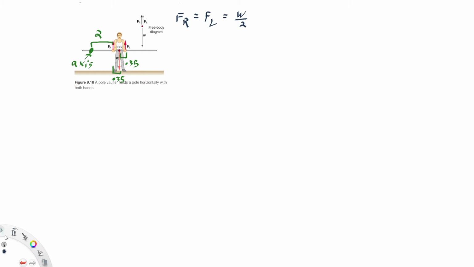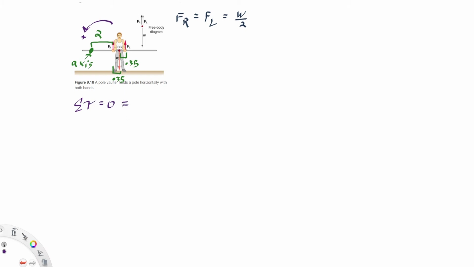So now, we can do torque analysis. And again, we're going to say that clockwise is the positive direction. And since this pole is being held steady, we know that the sum of torques is 0.